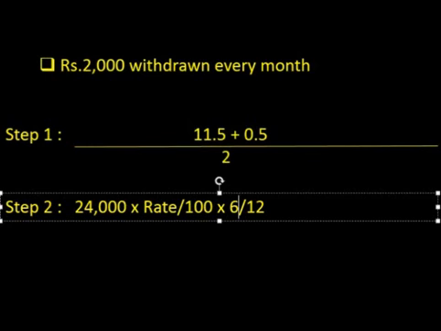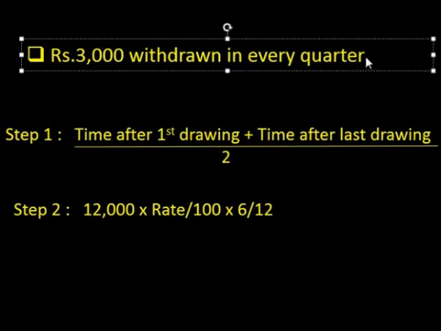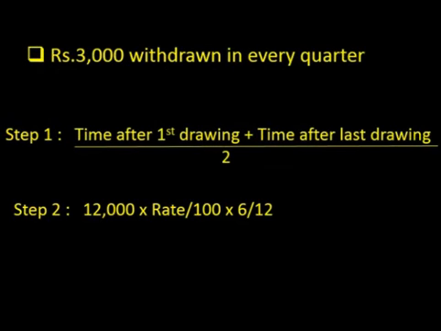Let us see another example here. Rupees 3000 withdrawn in every quarter. So there are 4 quarters in 1 year. Rupees 3000 withdrawn in every quarter, but it's not mentioned whether drawing is made in the beginning of the quarter, in the middle of the quarter, or at the end of the quarter. So in such a case, we will assume that drawing is made in the middle of the quarter.